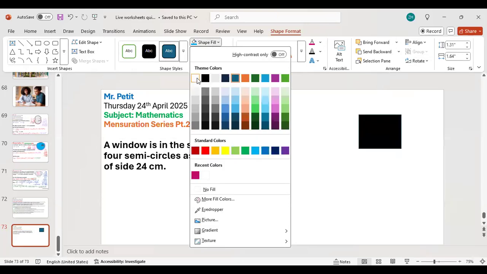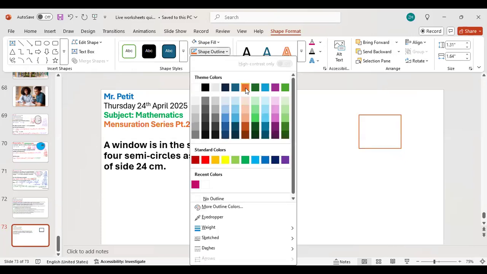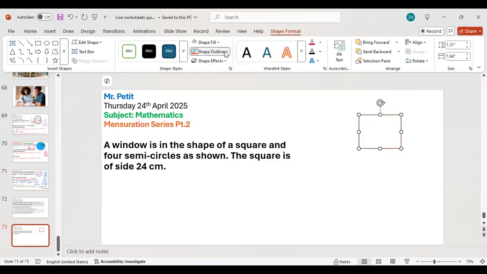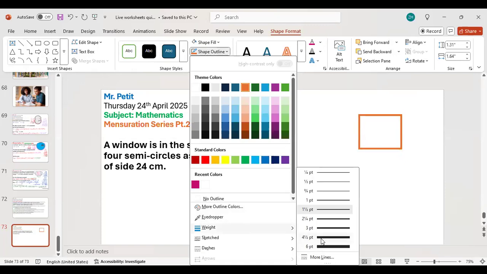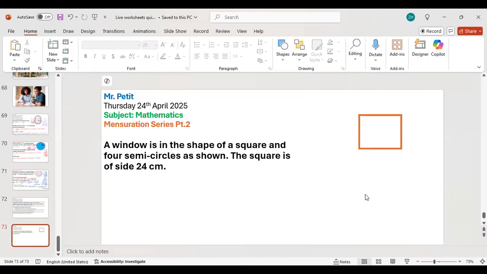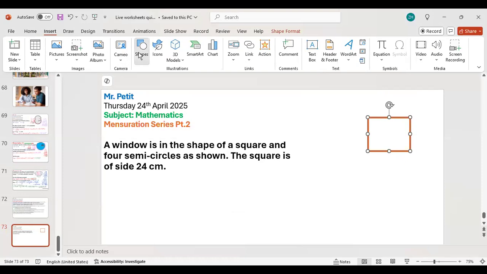Let's make it a little colorful here. And then we also need the semicircular halves, so insert that.